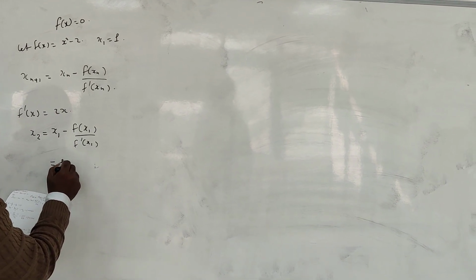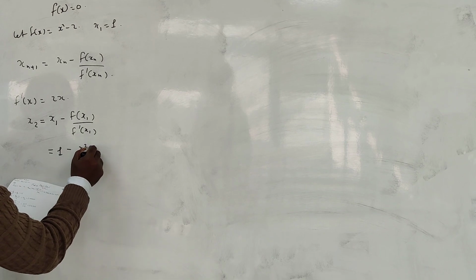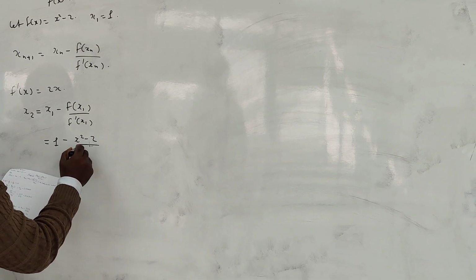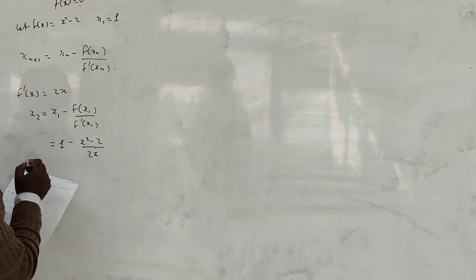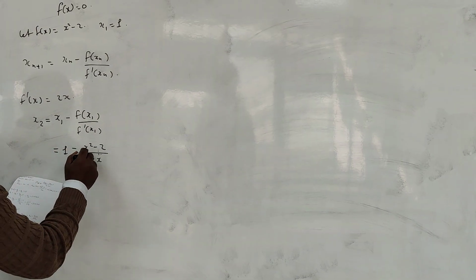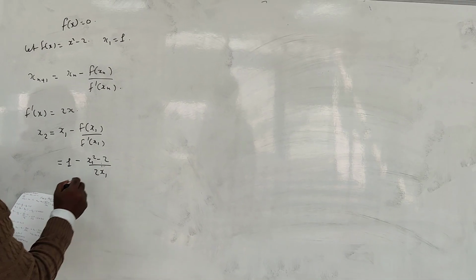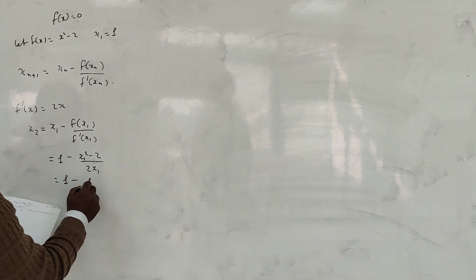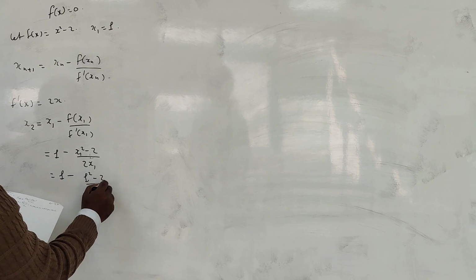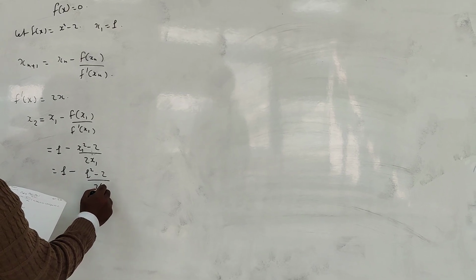We have x2 equals 1 minus x1 squared minus 2 over 2 x1. Substituting this value, it's going to be 1 minus 1 squared minus 2 over 2 into brackets 1.